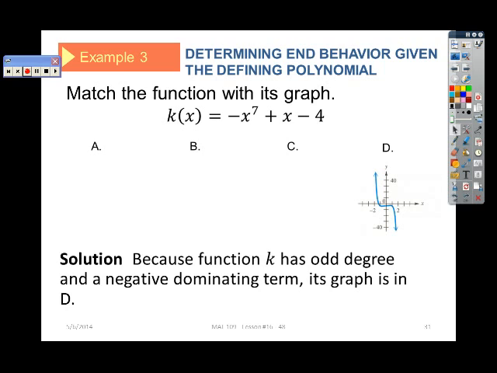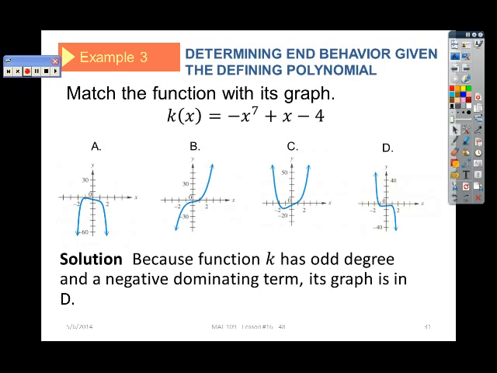Now, in general, identifying them, you're going to have to use more than one thing. You would have to use not only the end behavior, but you can use where it crosses the y-axis, the y-intercept. That's an easy one to use also. It does not require any calculation when you have the function written like this.